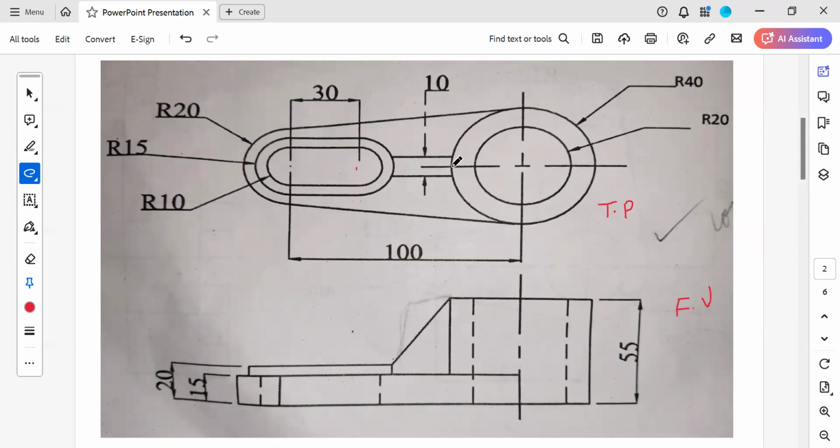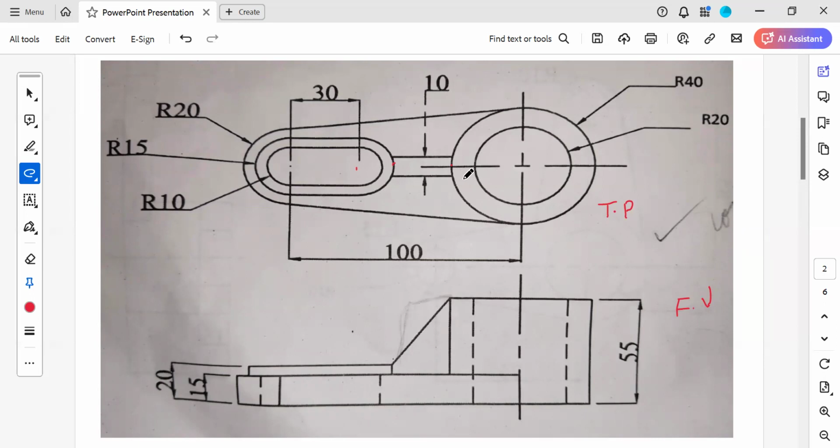Next, the midpoints are joined by means of inclined lines. In the front view, the inclined line will be visible. The width of the inclined lines will be 10, 5 on that side and 5 on this side of the center line. So like this we are analyzing the problem.